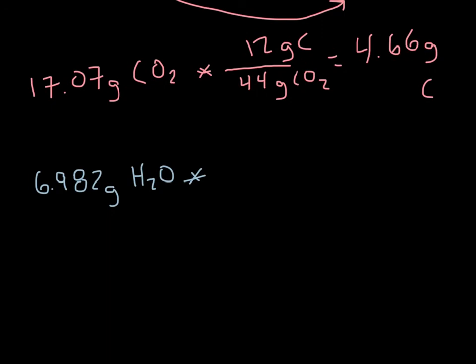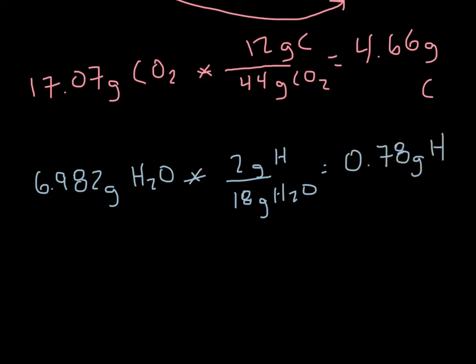What we care about is the amount of carbon and the amount of hydrogen, and you'll see in a moment how that relates back to oxygen. So we have 6.982 grams of water times, well, for every 18 grams of water, there are 2 grams of hydrogen. And when I solve this, I find that there will be 0.78 grams of hydrogen in that water.